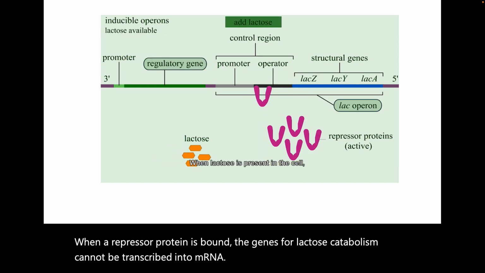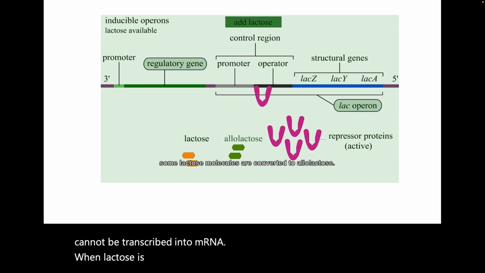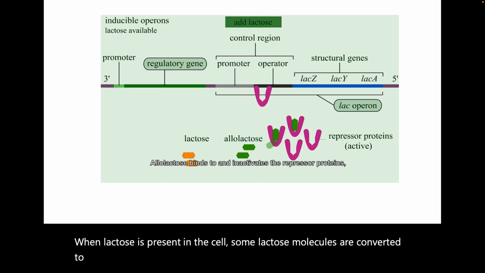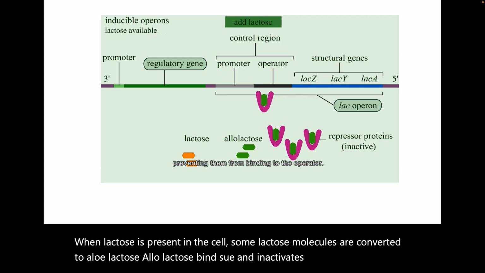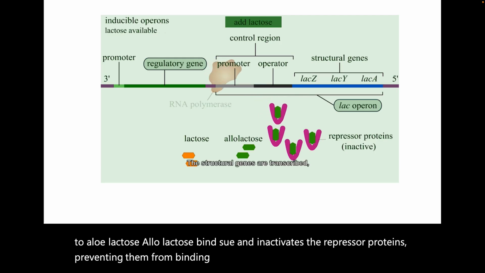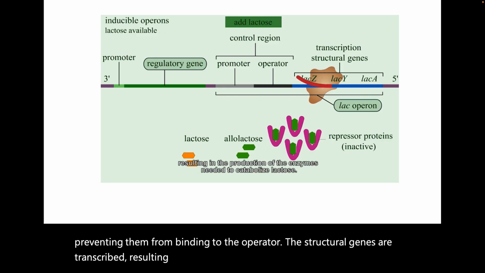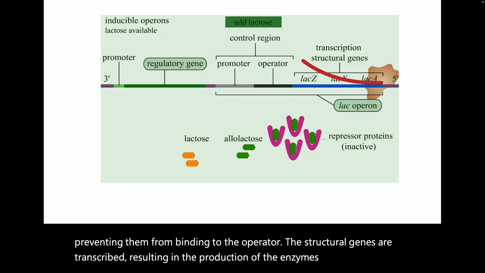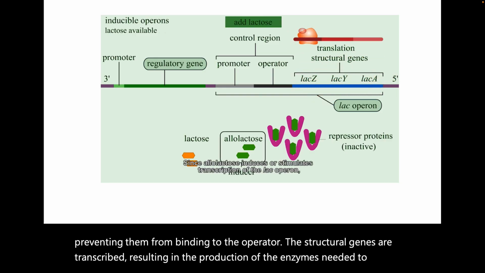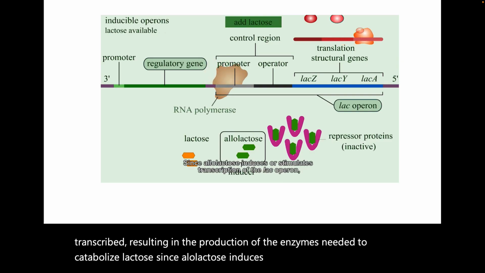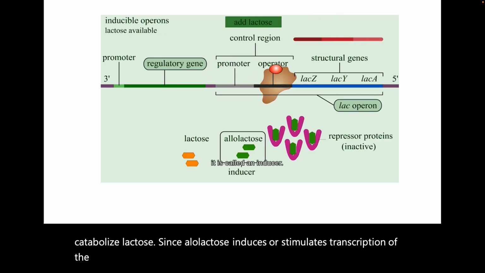When lactose is present in the cell, some lactose molecules are converted to allolactose. Allolactose binds to and inactivates the repressor proteins, preventing them from binding to the operator. The structural genes are transcribed, resulting in the production of the enzymes needed to catabolize lactose. Since allolactose induces or stimulates transcription of the Lac Operon, it is called an inducer.